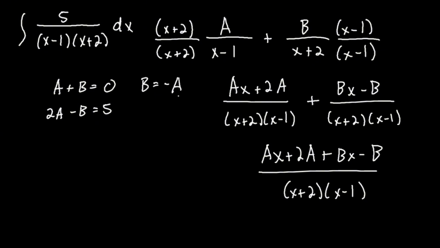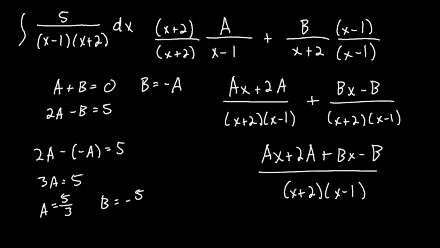B is equal to negative A, right? And we can substitute B as negative A into this next equation. So 2A minus negative A is equal to 5. So that means 3A is equal to 5. So A is equal to 5 over 3. Well, if A plus B is equal to 0, that means B is equal to negative 5 over 3.